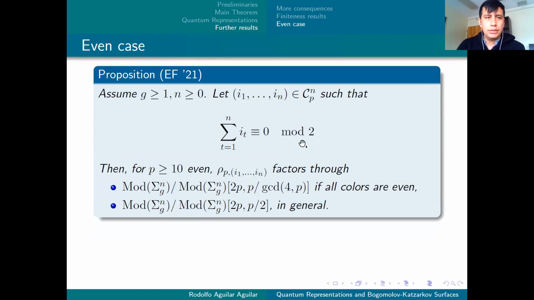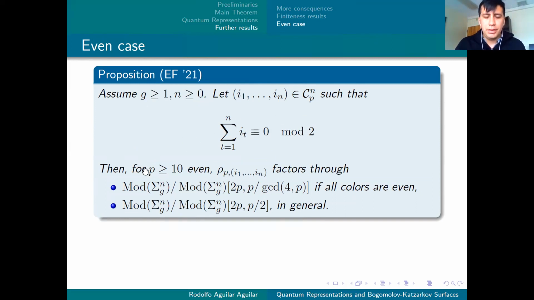So now let me say a word about the even case. All the things that I've said before were for p odd, but we also have some results for the even case. It's just more complicated. We need to fix some data, some colors, and the colors must satisfy a condition.